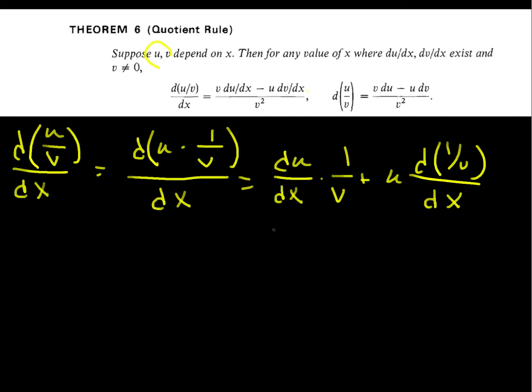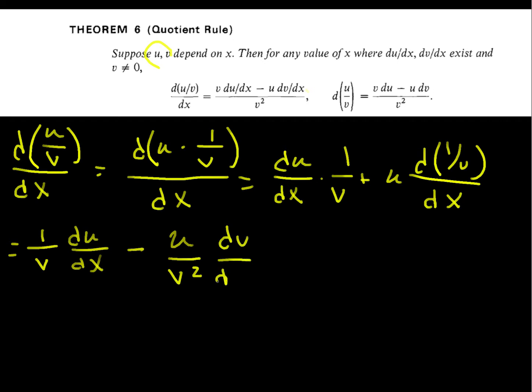So now du dx, that is what it is. This right here we just computed in the last step, and so this is, let me write it this way, 1 over v du dx minus u over v squared dv dx.